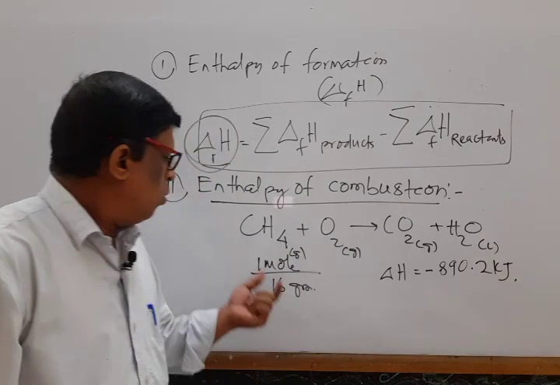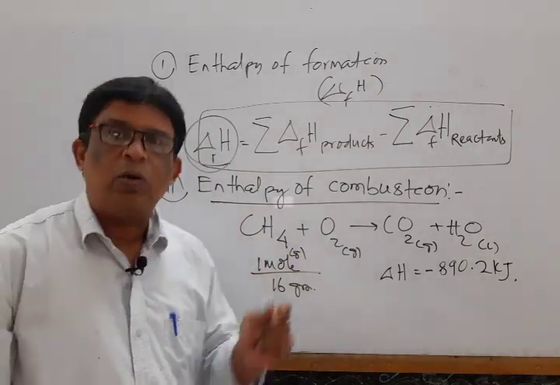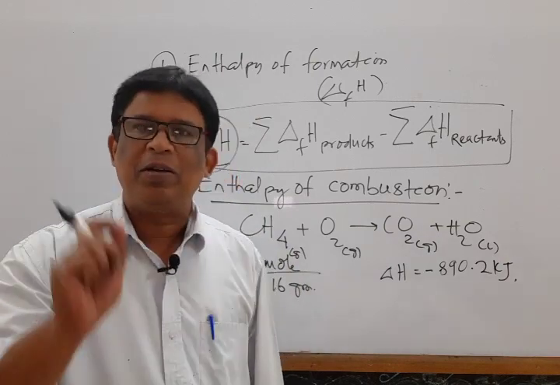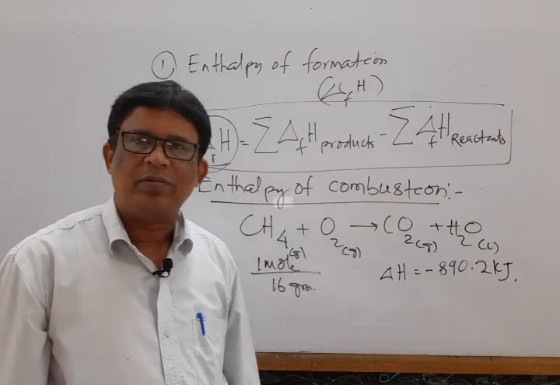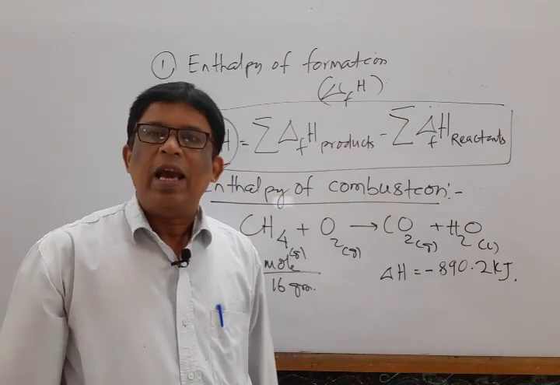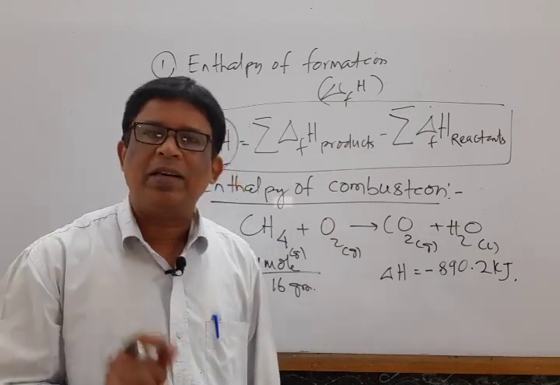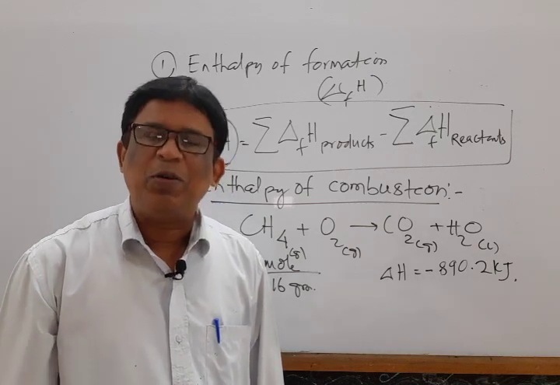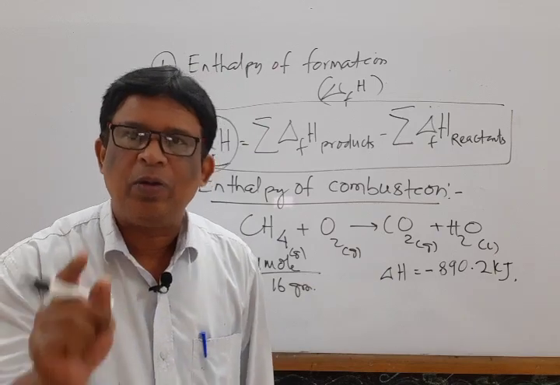I repeat again. When 1 mole of reactant undergoes complete combustion, the amount of heat evolved is known as the enthalpy of combustion. On the other hand, if 1 gram of a reactant undergoes complete combustion, then the amount of heat evolved is known as its calorific value.